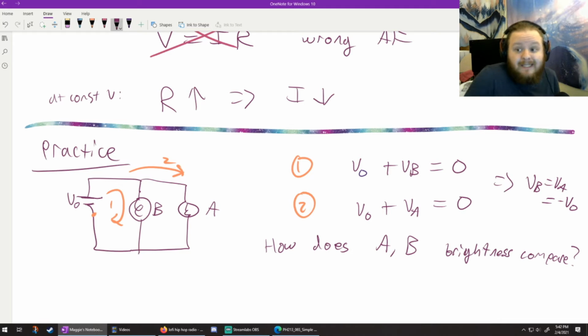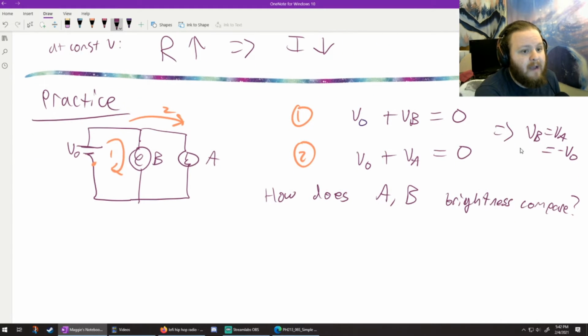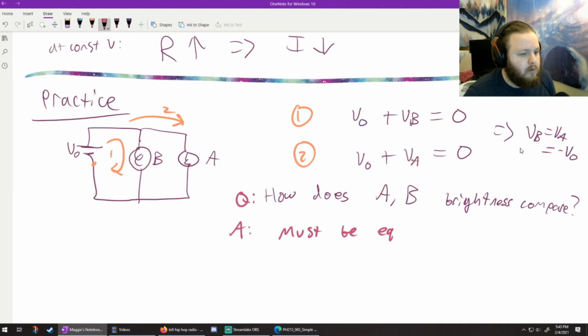Great. I mean, that's exactly what we want from this model. Remember, part of our model was that voltage corresponds to brightness. So if these two have the same voltage drop across them, then they're the same brightness, because VB equals VA.